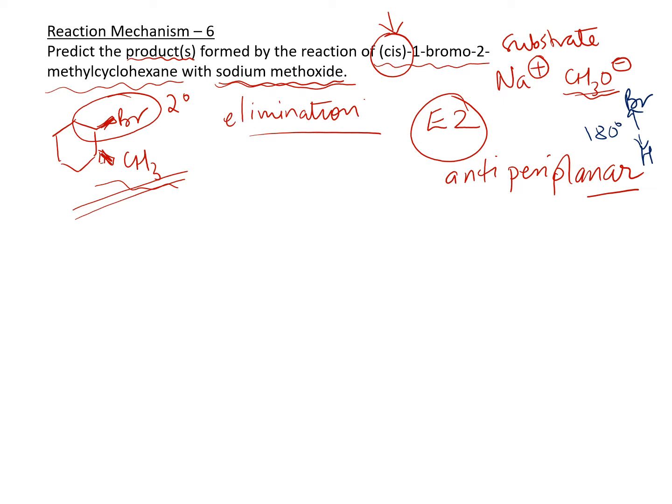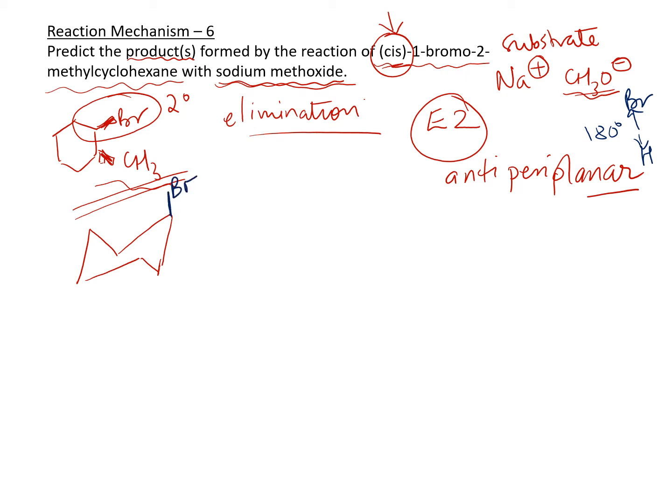So that's anti-periplanar. Let's go ahead and write the structure out for cyclohexane in the chair conformation. When you have something like cis-1-bromo or cis or trans given to you, you're better off drawing out the chair conformation, because that's very clear for seeing your cis and trans. Cis means they're both going in the same direction, so I'm going to draw my bromine over here.